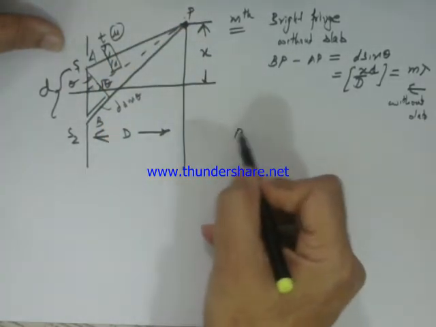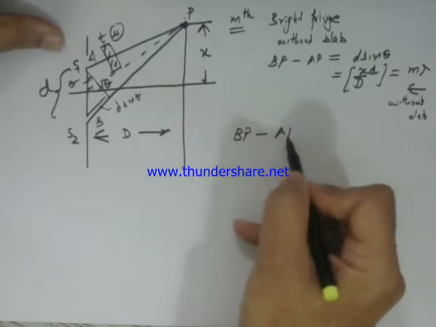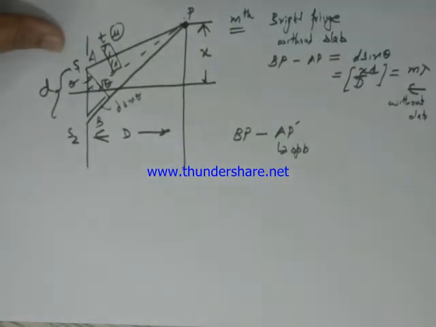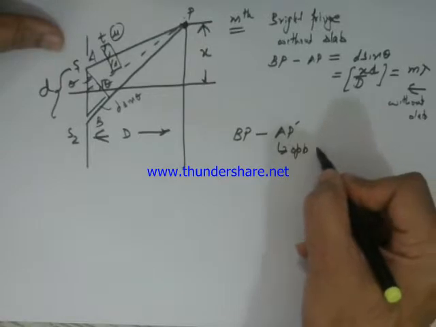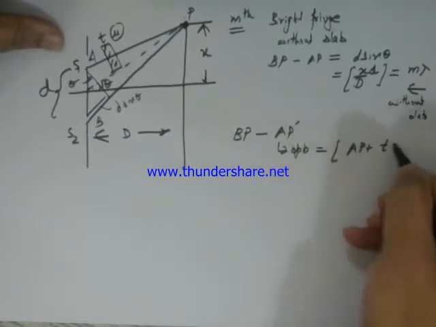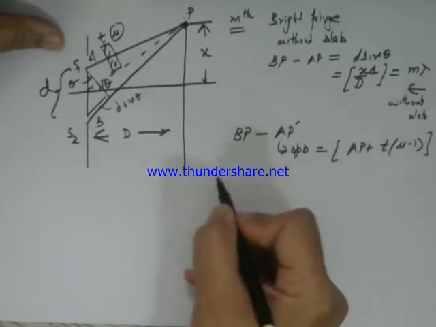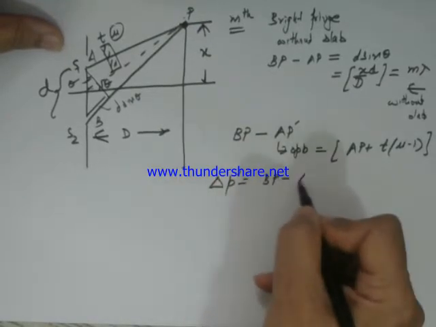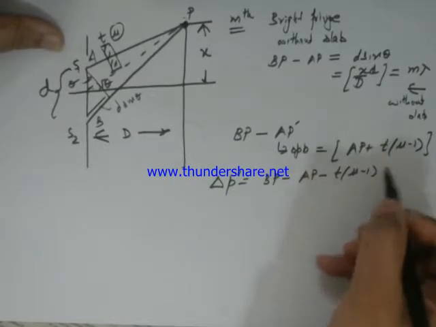The new path difference becomes BP minus AP' is the optical path, and this optical path AP' is equal to AP plus the effective increase due to the slab. This is the new optical path. So the path difference now becomes BP minus AP minus t into (μ minus 1).